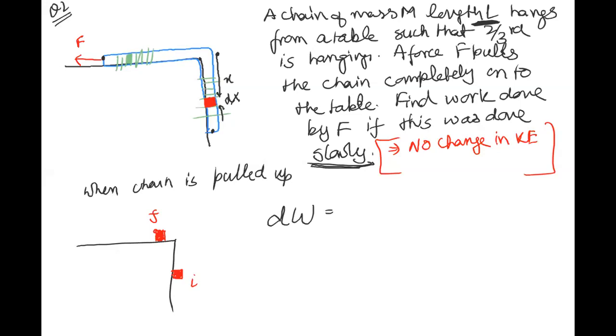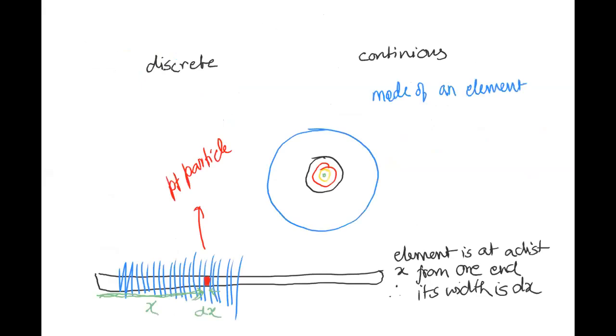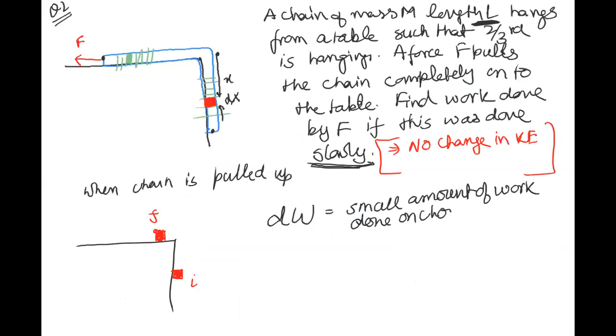dW is the small amount of work done on the chosen element.